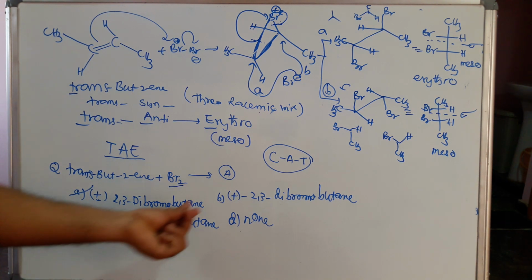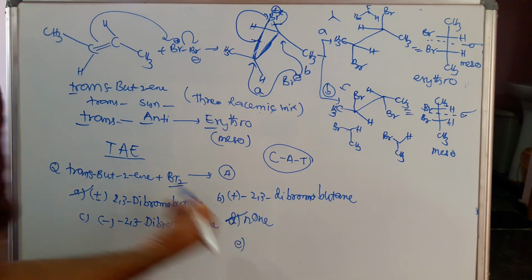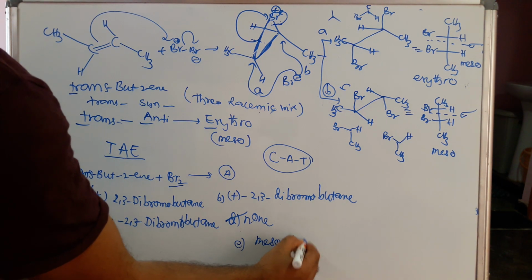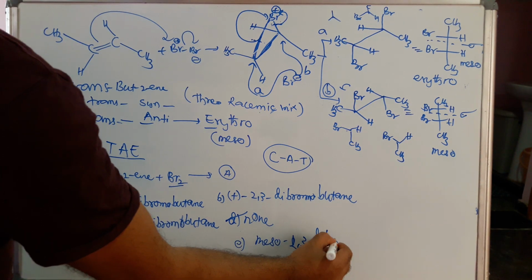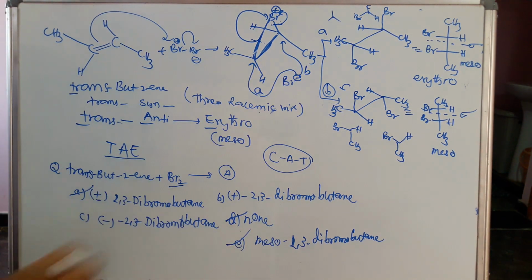Negative means levo form, positive means dextro form. Here plus or minus means racemic mixture. Meso form is not mentioned here. That's why what is the answer here? D. If they mention any other option, for example, I am considering here E, meso 2,3-dibromobutane, then that time the answer will be this one, the meso form.